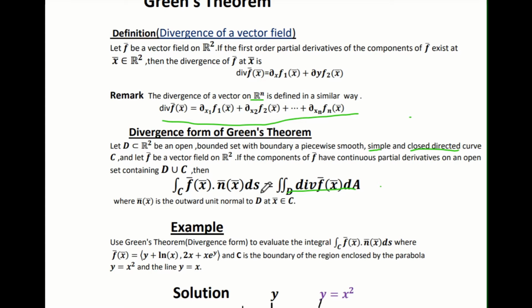In the exam or semester test, they wouldn't necessarily tell you which form of Green's theorem to use. So you'll have to know which one to use by noting that the left hand side of this formula differs from the one of the standard form of Green's theorem.